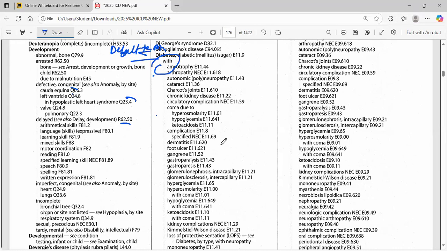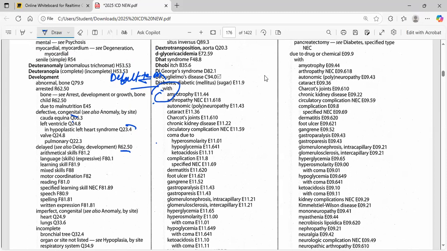And the "with" term is always listed below the default term only. "With" is not listed alphabetically. "With" is always listed just below the default term. Why? Because whenever we have a combination code for two conditions, we have to prioritize our combination code and use only the combination code.